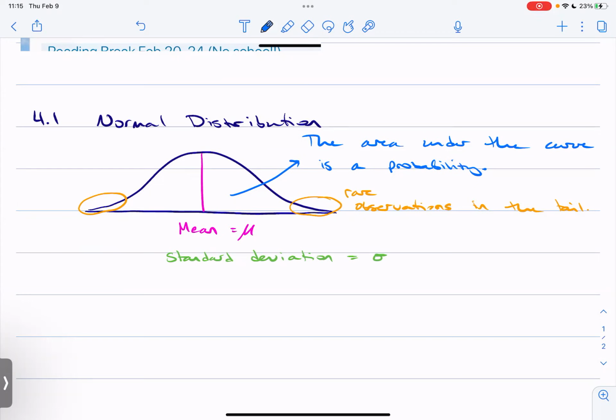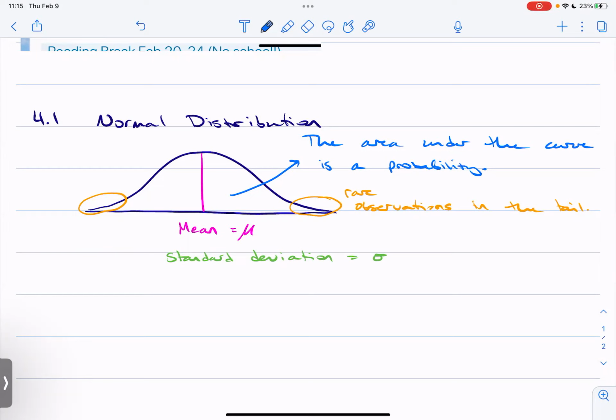Now, if you're on the calculus side of things, what do you do to find areas under the curve? Integrate. We're not going to do that. That's where these tables come in, so we'll use tables for that.